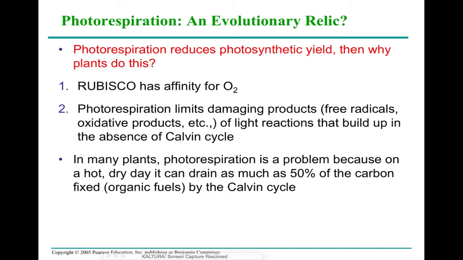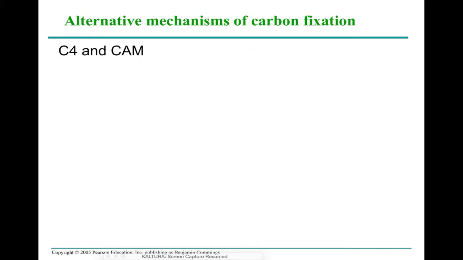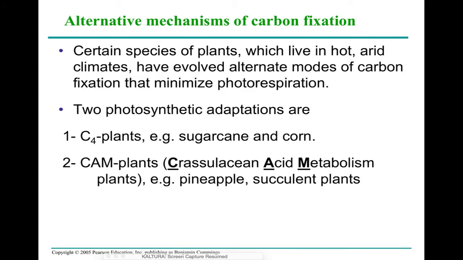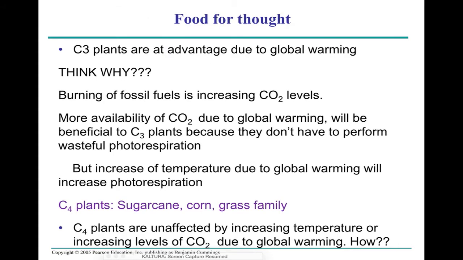It's actually 50%, as I said. So it is draining out the plants. Not all species, but some of the plant species have an alternative method. Luckily, they had a mutation which is helping them to avoid this process. So C4 plants, which are sugarcane and corn, and CAM plants, are doing something else. CAM plants are pineapple and any succulents.